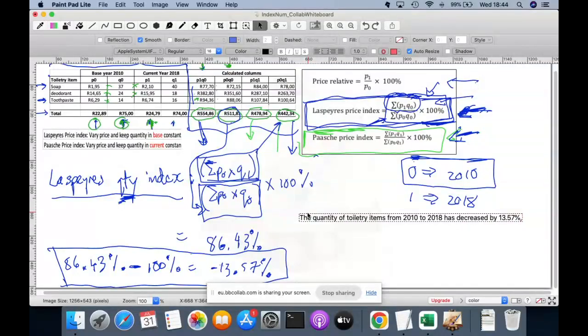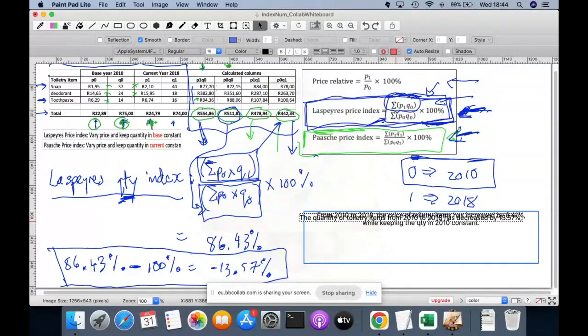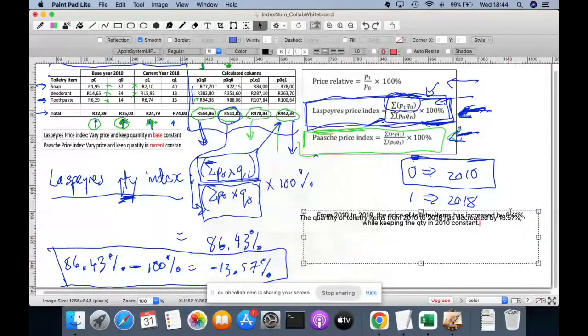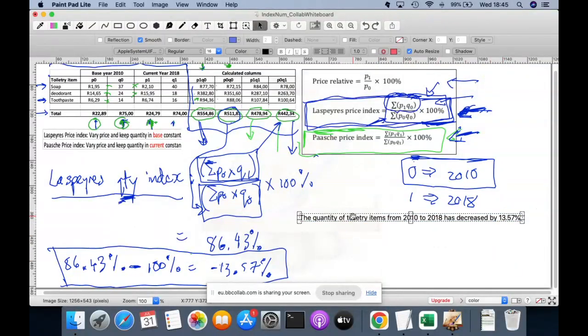And then lastly, what have we kept constant? That's where you need to look at your equation.